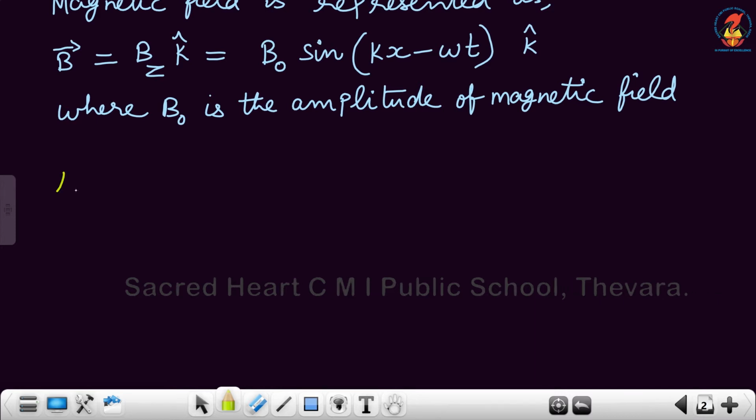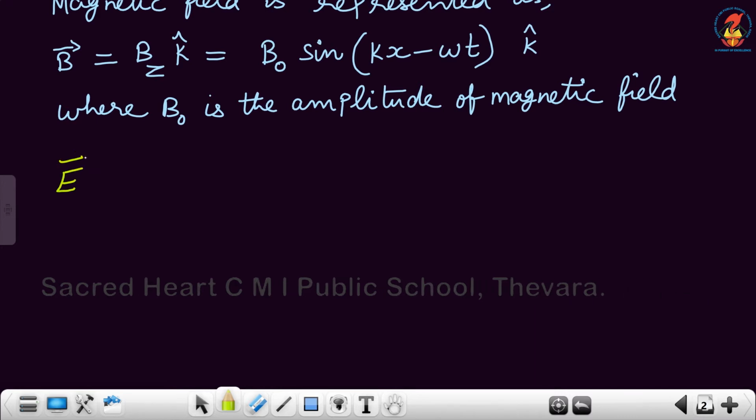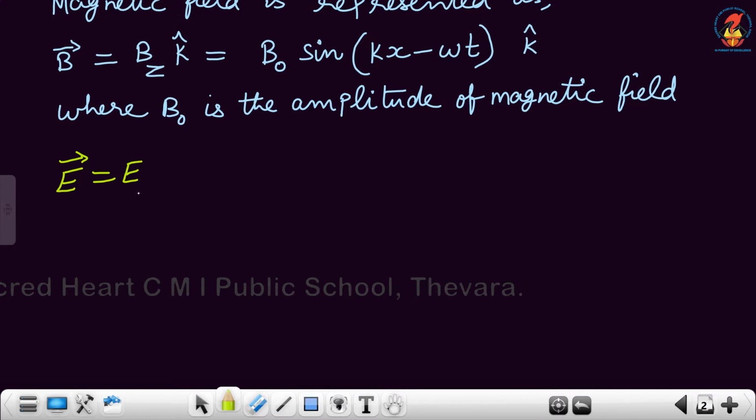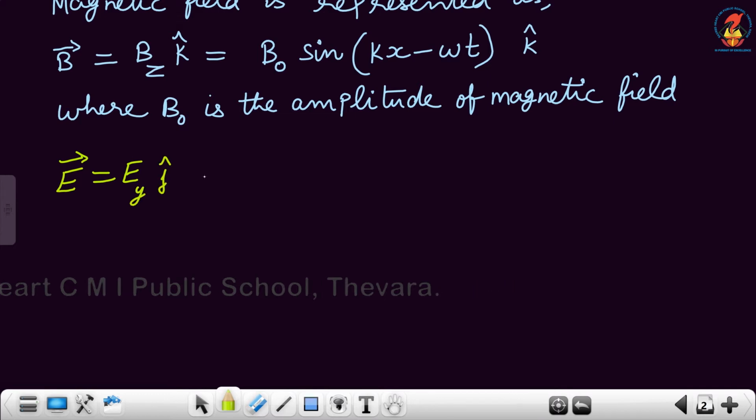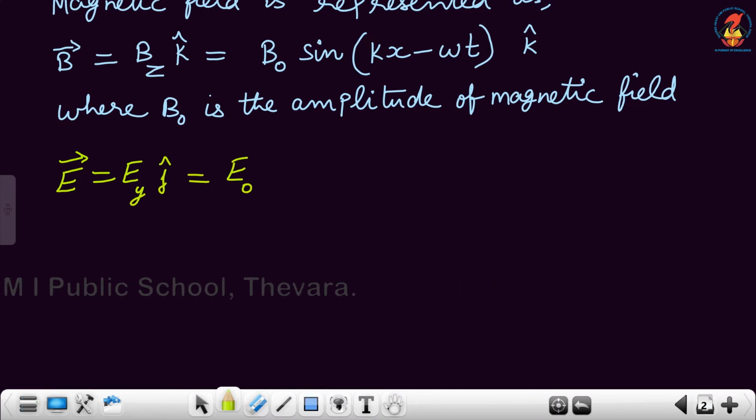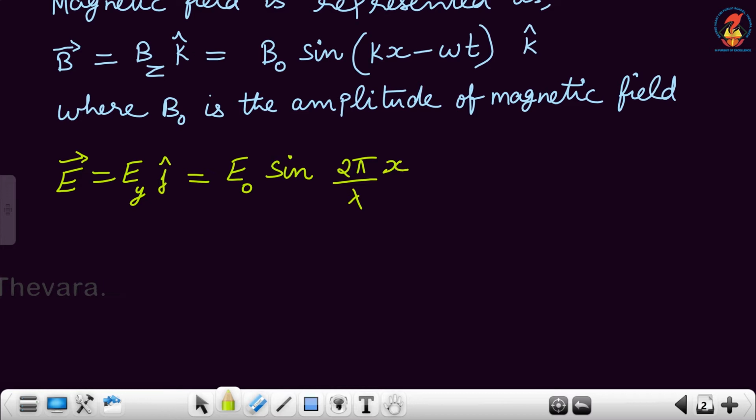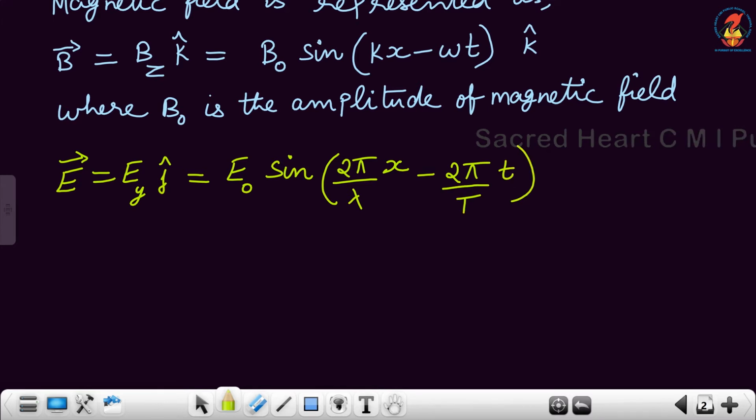So I am writing like this: E is equal to E y j cap, which is E0 sin, instead of k I will write 2 pi by lambda. So instead of kx I wrote 2 pi by lambda into x, minus omega, instead of omega I wrote 2 pi by T into small t, j cap.